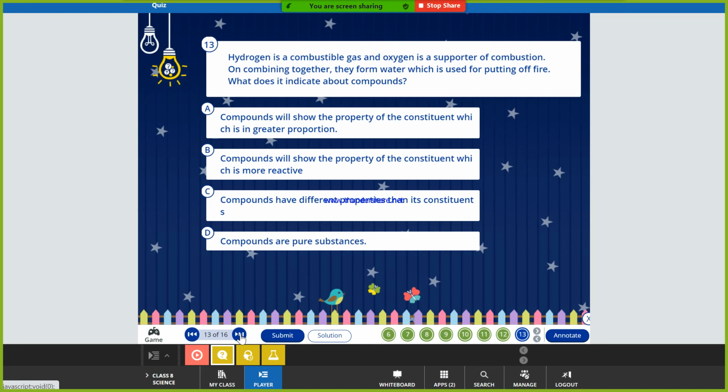Option C, compounds have different properties than their constituents. Option D, compounds are pure substances. Compounds have different properties than their constituents.